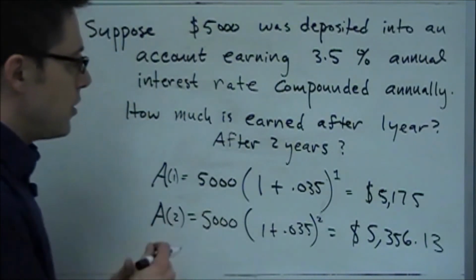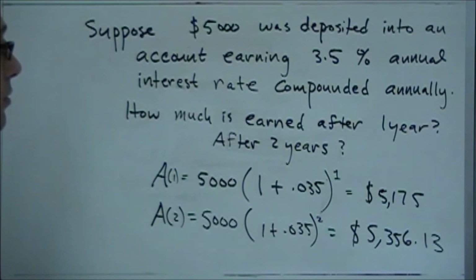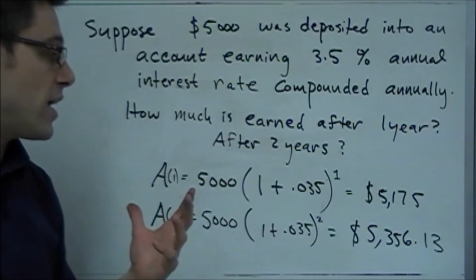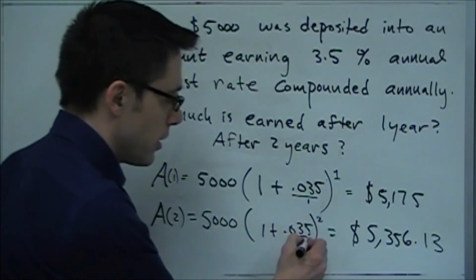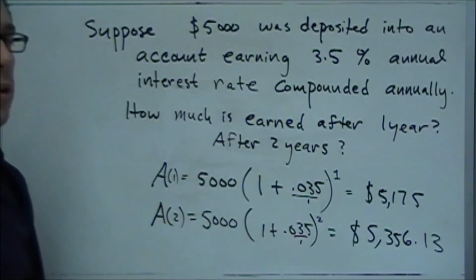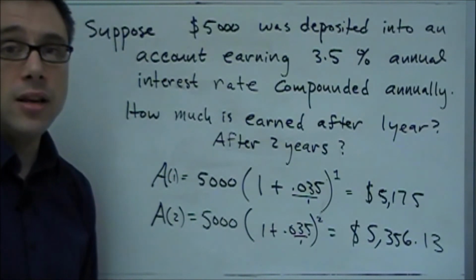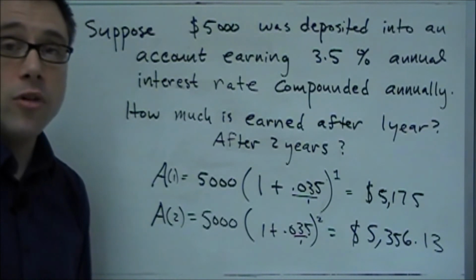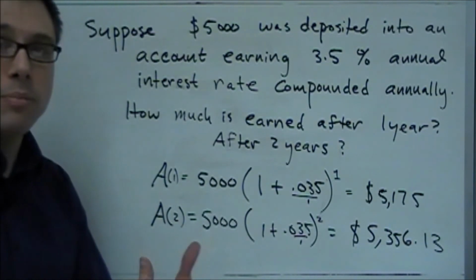This is how we'd compute the compound interest. Again, it's compounded annually, so my n is 1. In some sense I'm dividing by 1, there's a 1 up here. So here's an application of the amount of money in some kind of account where the interest is compounded annually, but it's compound interest.